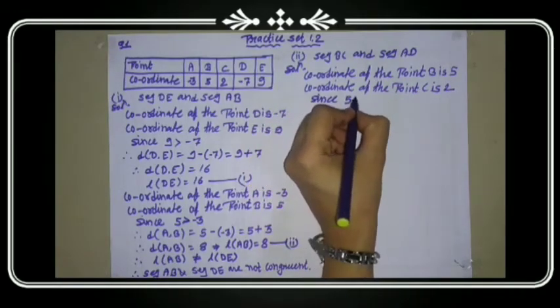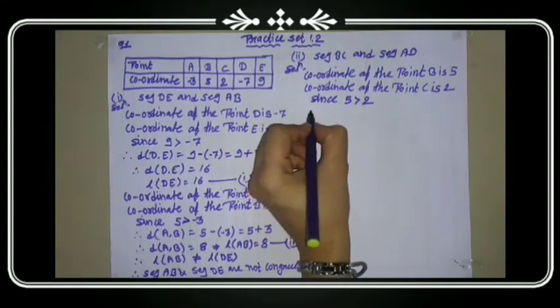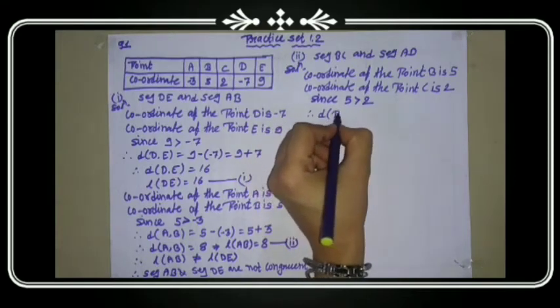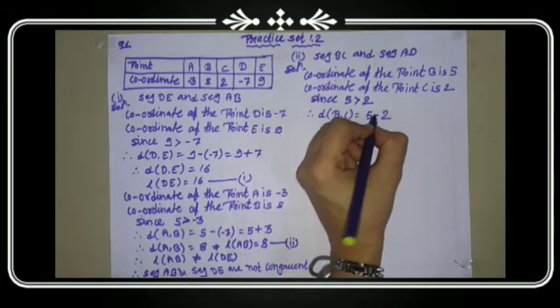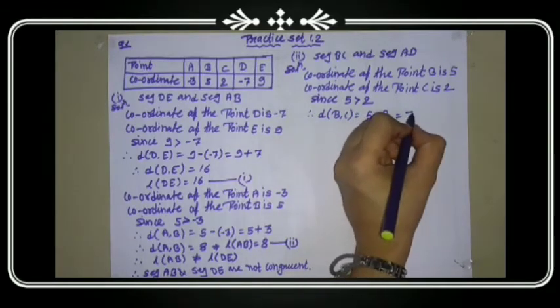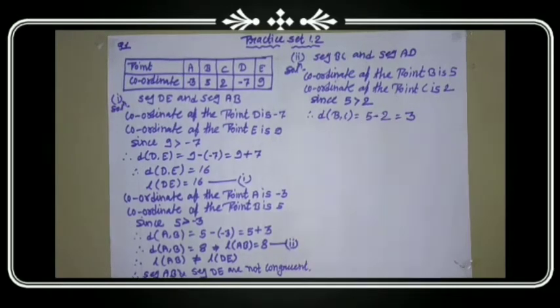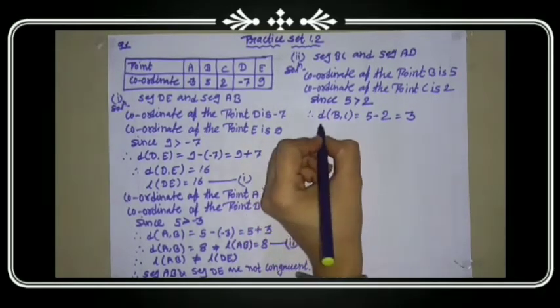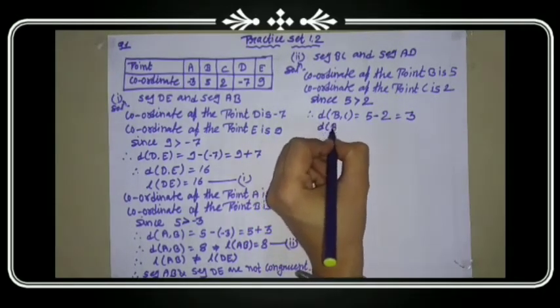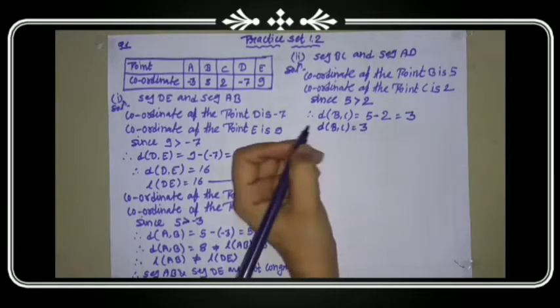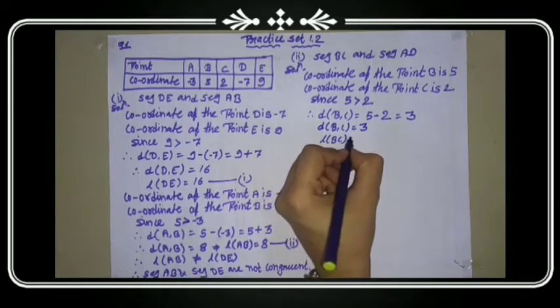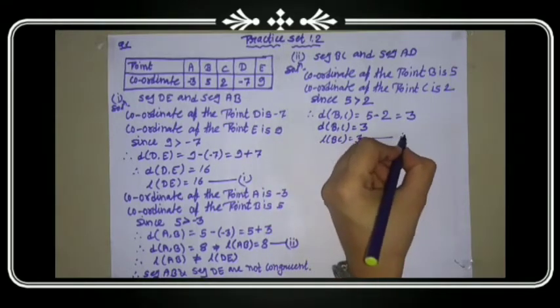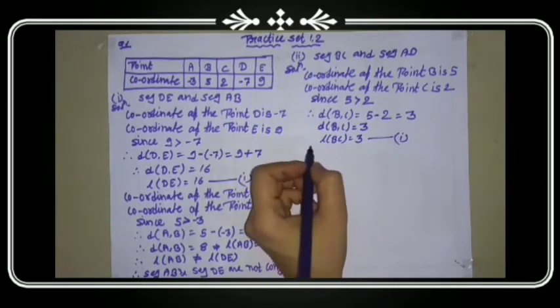Since 5 is greater than 2, therefore distance of BC equal to 5 minus 2 equal to 3. Therefore distance of BC equal to 3. It is also denoted by length of segment BC equal to 3, denoted by first equation.